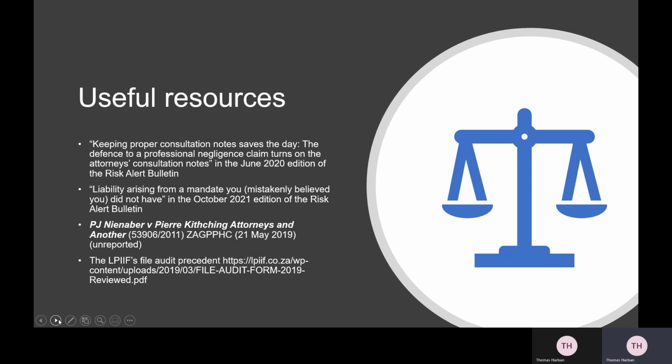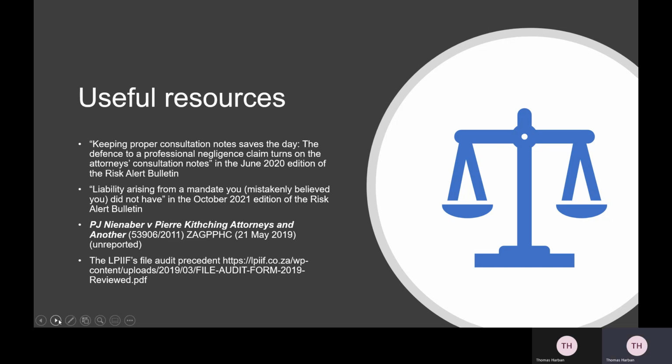The second matter in that October Risk Alert Bulletin is also a prescription of a claim against the Minister of Police. In that case, the attorney said that he lost some of his documents. They were blown in the wind while he was moving offices, and he couldn't retrieve them.